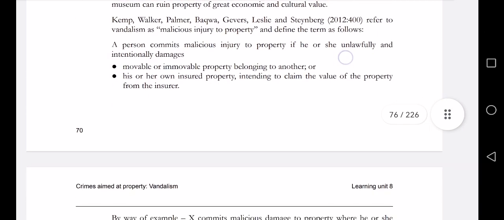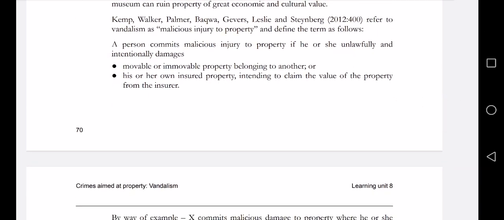Once again, Kemp, Walker, Palmer, Baqwa, Gevers, Leslie, Steynberg, 2012, page 400, refer to vandalism as a malicious injury to property and define the term as follows.